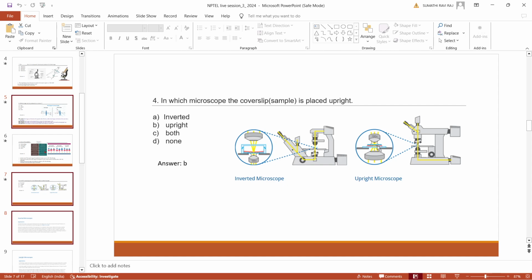So that time your cells will still be suspended, but after a while the broth or your media will dry out. So this is not a preferred method for your live culture.